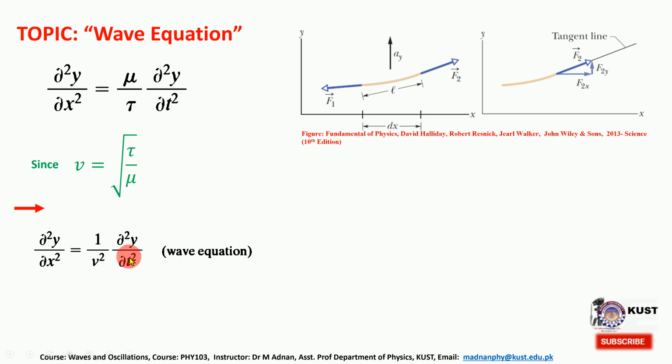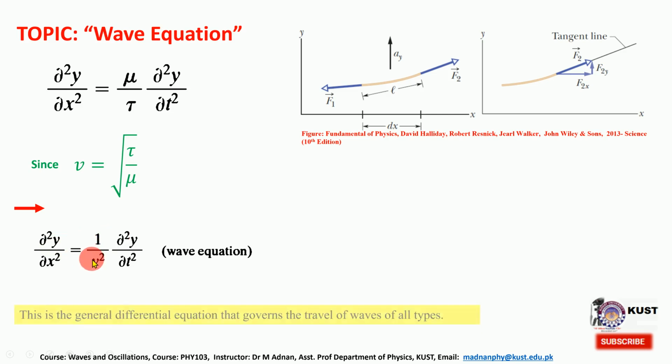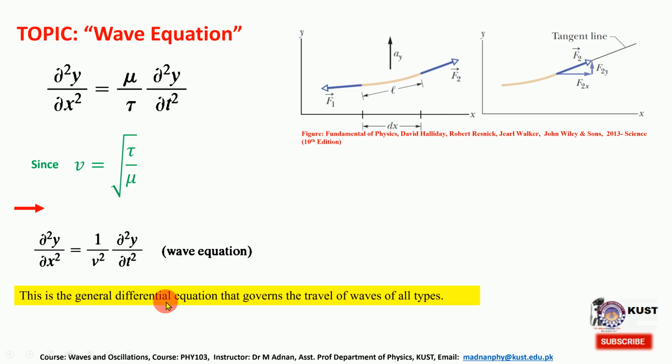Now, this equation can be used for any wave mechanism, such that this v will represent the velocity of that particular wave in that particular medium. As I told you, this is the general differential equation that governs the travel of a wave of all time.